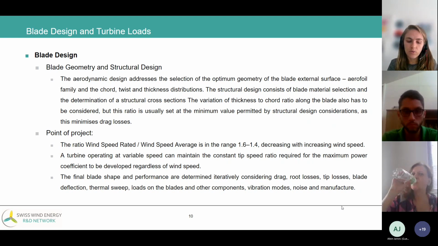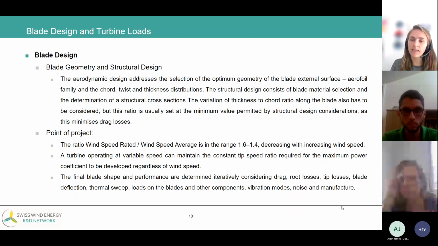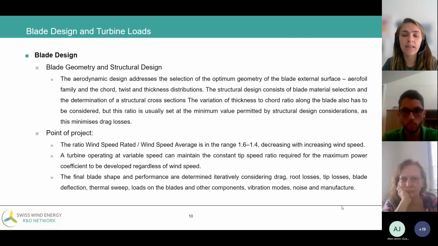You can easily have meters of deflection at the tip of your blade, and also a twist deflection. So once you are in operation, your blade will not have the angle that you estimate for a static blade.